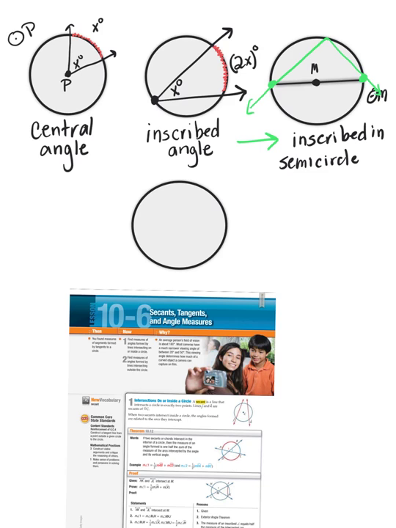Its vertex is still on the circle, just like with the inscribed angle. But since the arc that it intercepts is half of the circle, and half of a circle is 180 degrees, any angle inscribed in a semicircle is going to be a right angle.